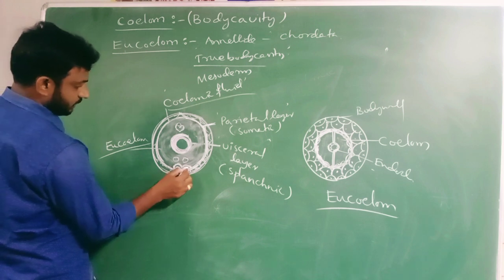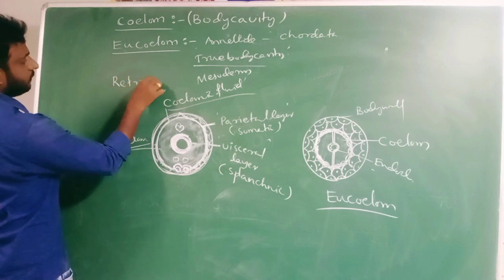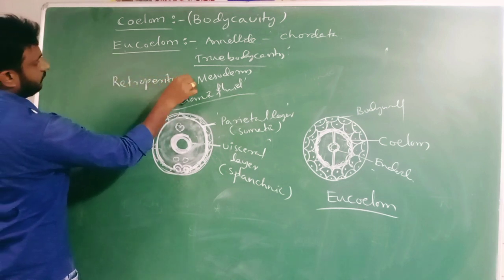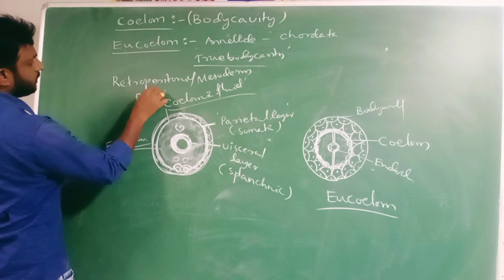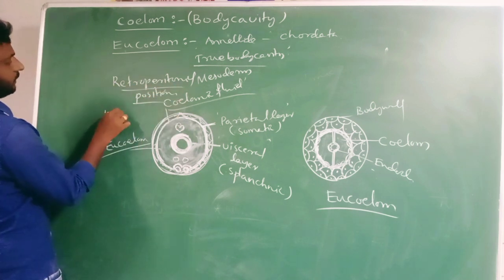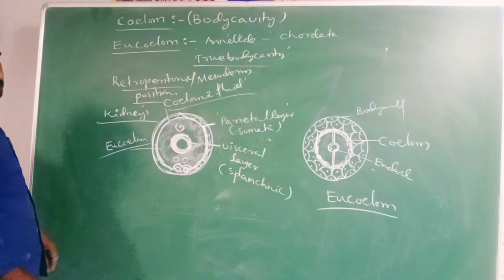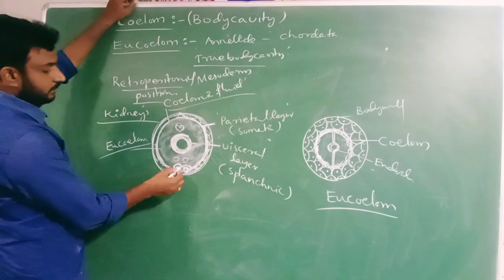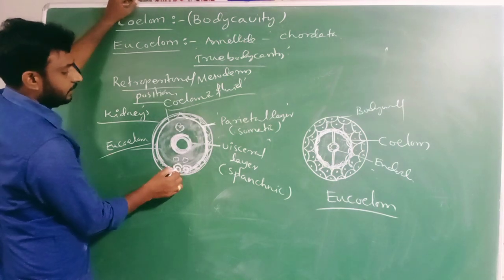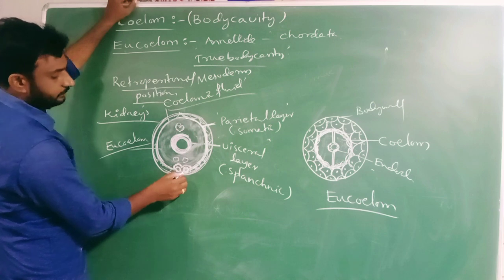This type of position is called retroperitoneal position, and these organs are called retroperitoneal organs. Kidneys are retroperitoneal organs, covered with the parietal layer only at the ventral side but not at the dorsal side.